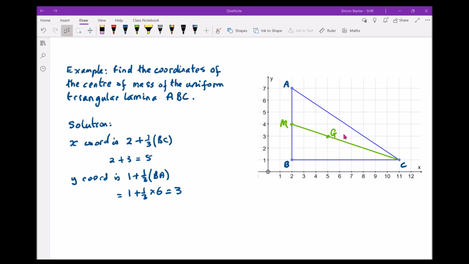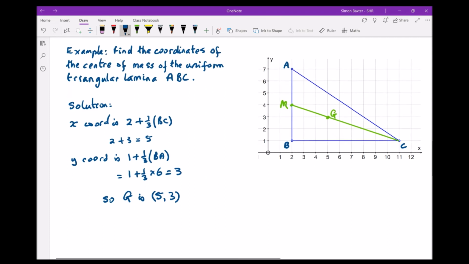If I now go along 3, down 1, along 3, down 1, you'll see that I have taken 2 lots of MG to go from G to C. So G is certainly on the median in the ratio 1 to 2. So G is the point (5, 3).